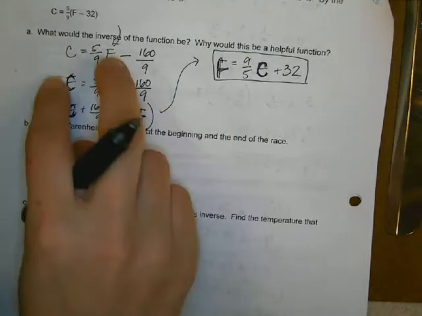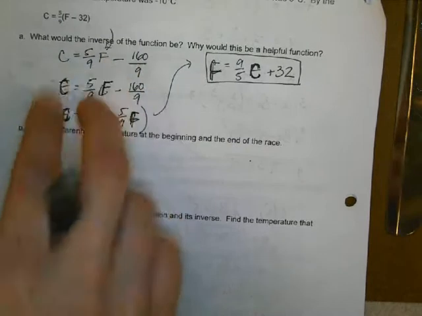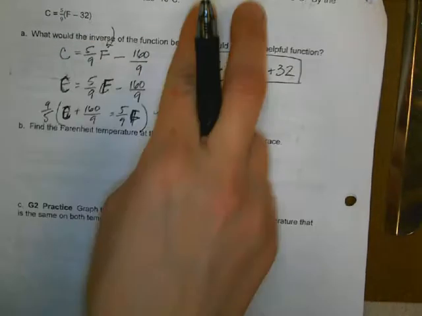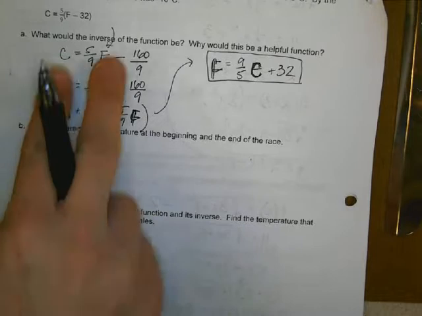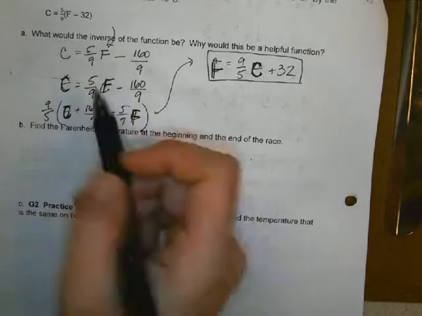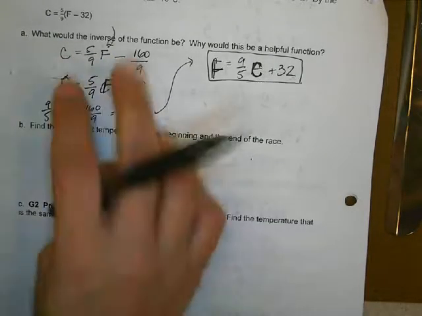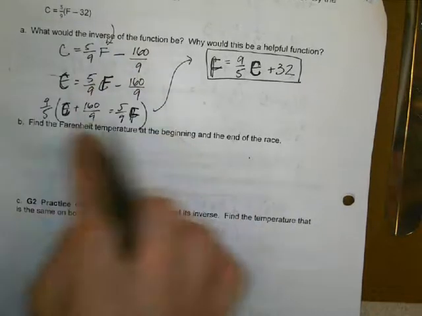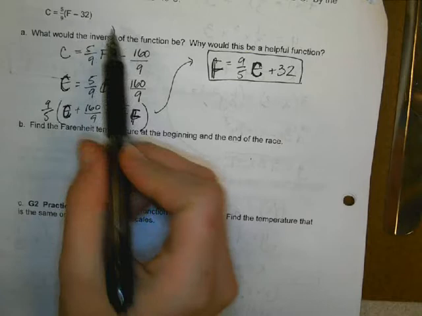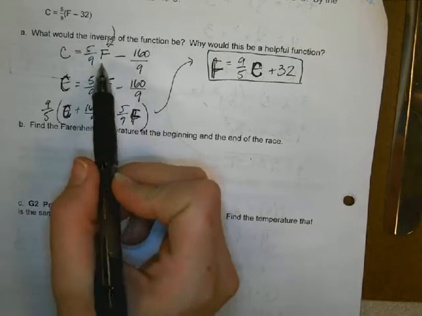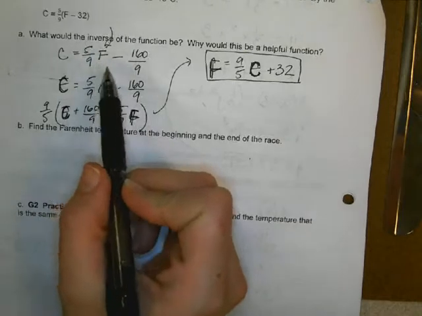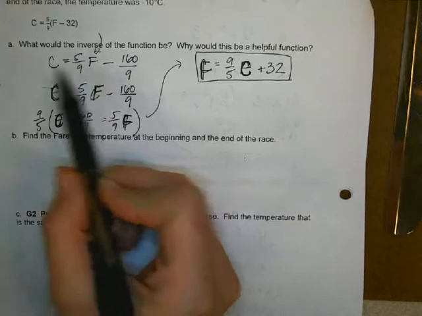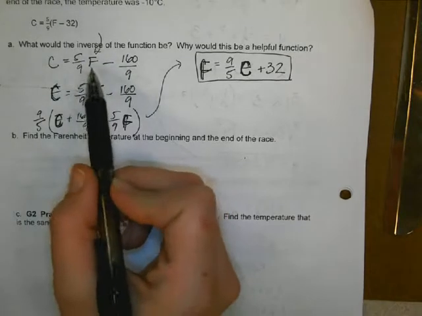We didn't interchange the variables, because the variables are attached to real life values. When we flipped them, we really needed f to be what we're solving for, not c. So the inverse of the function would be solving for f. And in your mind, you're still flipping because you're trying to get f by itself now instead of c.